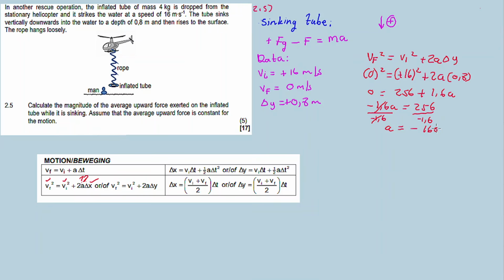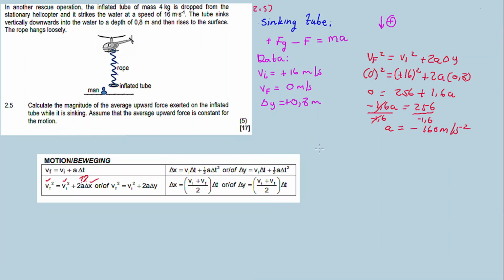Now we calculate Fg. It's mass times gravitational acceleration, so it's 4 times plus 9.8. Acceleration due to gravity is always acting downward. Minus F equals mass 4 times acceleration, which is minus 160. And then I transpose minus F, leaving it alone. What is 4 times minus 160?